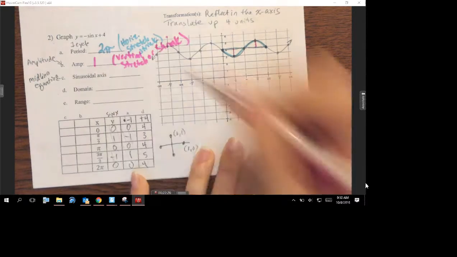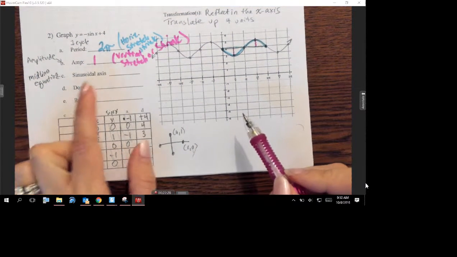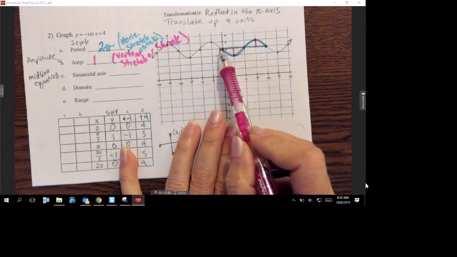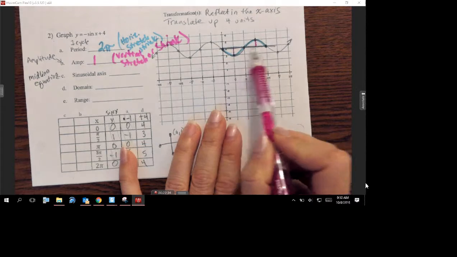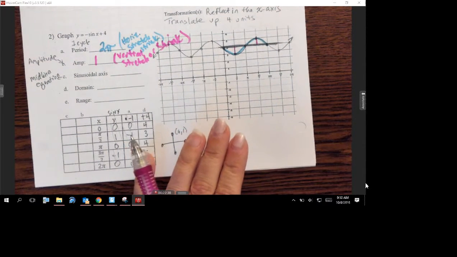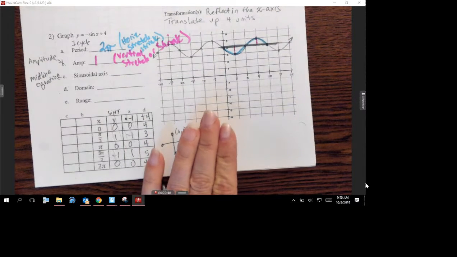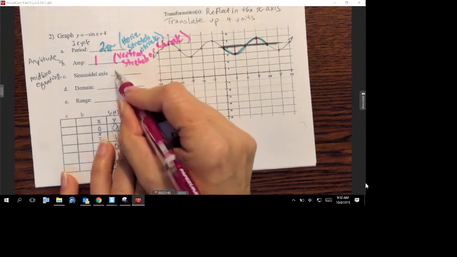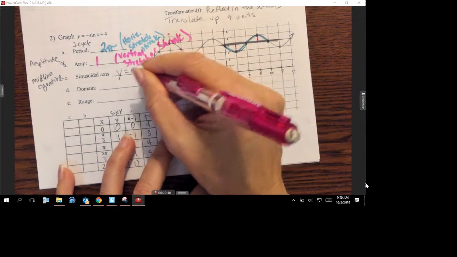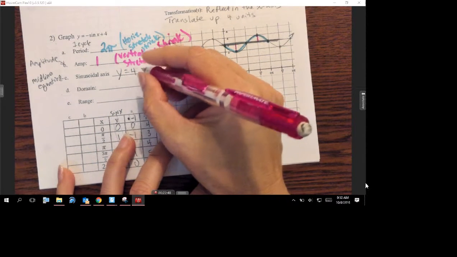The midline equation is the sinusoidal axis. So this is a horizontal line that passes through the center of this graph. Can you tell me the equation of this sinusoidal axis? Y equals 4. Yep. And if you look, that y equals 4 is the vertical translation.